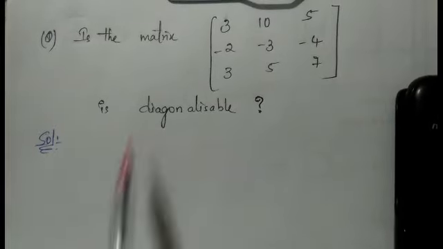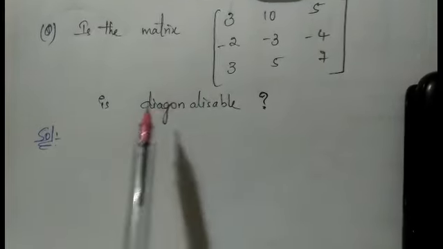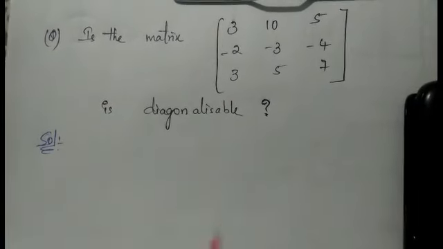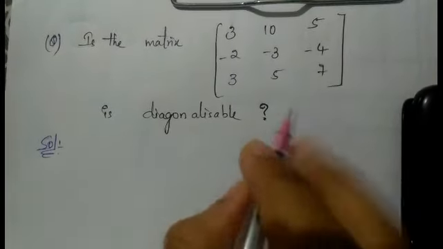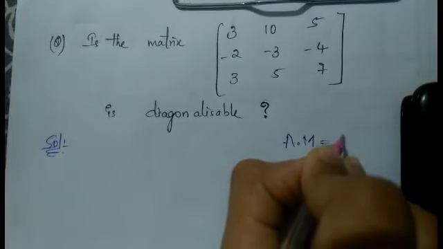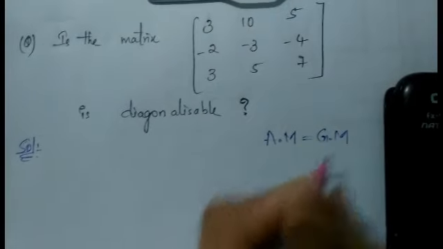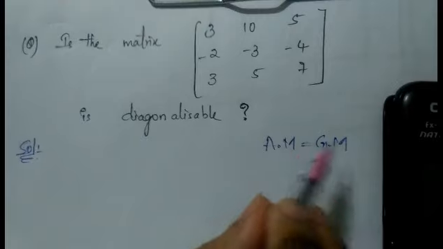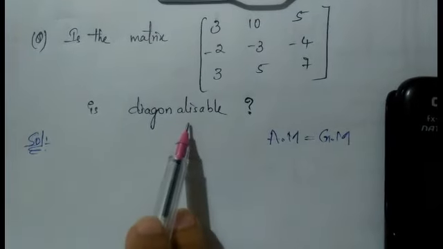Let's go with one problem. Check whether the given matrix is diagonalizable or not. We know that the condition for diagonalizability is that algebraic multiplicity should be equal to geometric multiplicity. If they are equal, then we can tell that the given matrix is diagonalizable.